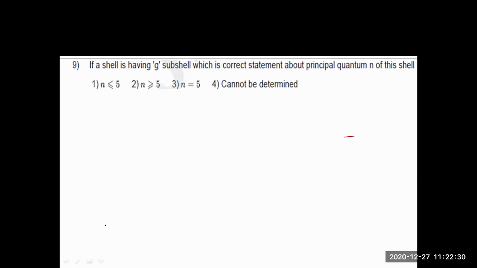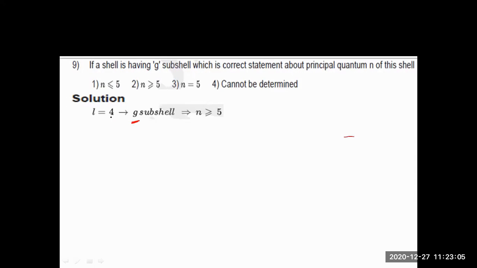Ninth, if a shell is having a g subshell, which is the correct statement about the principal quantum number n of the shell? Option 2 is correct. For the g subshell, l value is 4.